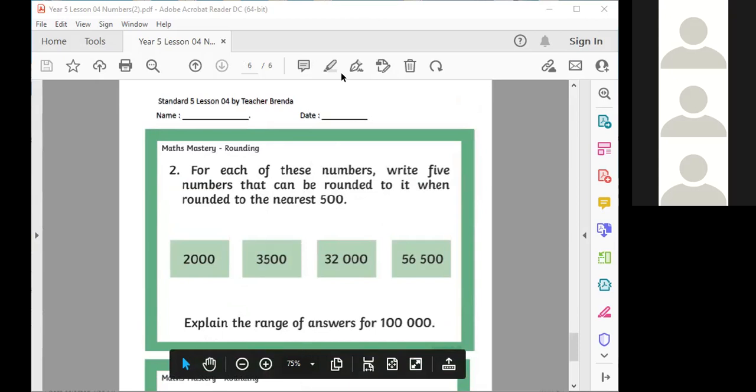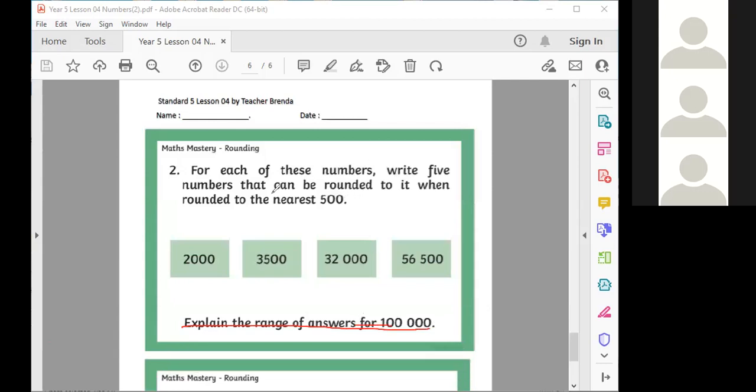Don't worry about the other part there. Okay, what are they asking you to do? Write 5 numbers that can be rounded to it when they ask you to round to the nearest 500s. So let's take 2,000. I think what they are asking is, tell 5 numbers that will round off to become 2,000 when rounded to the nearest 500.